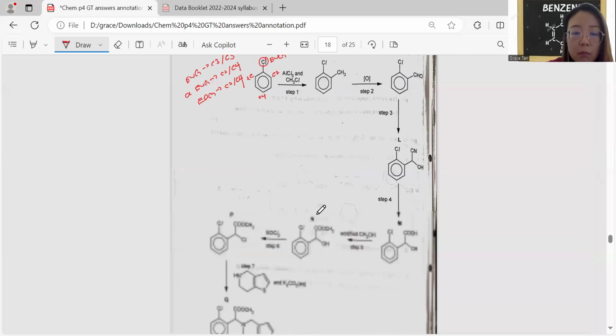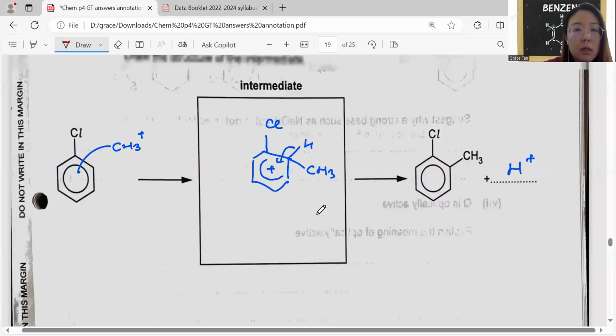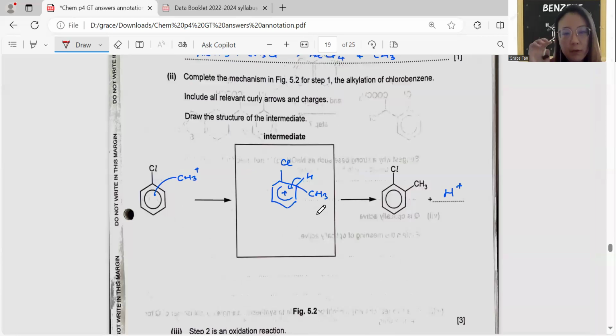Next, the electrophilic substitution mechanism. Just check your answers. Make sure your arrow is pointed clearly. I'll draw the arrow a bit bigger. Sorry, the arrow is the other way around: from the ring to the electrophile.